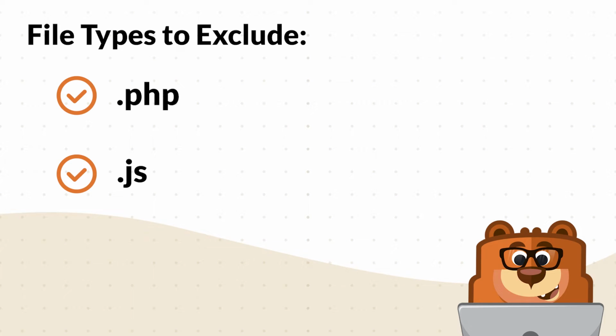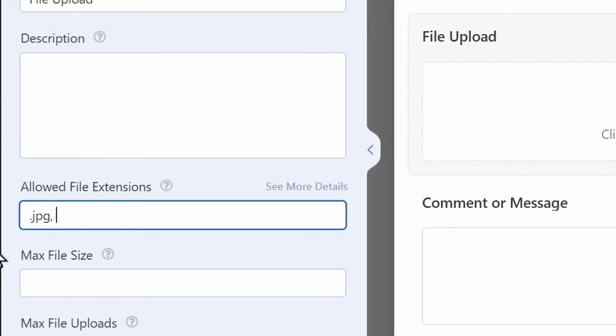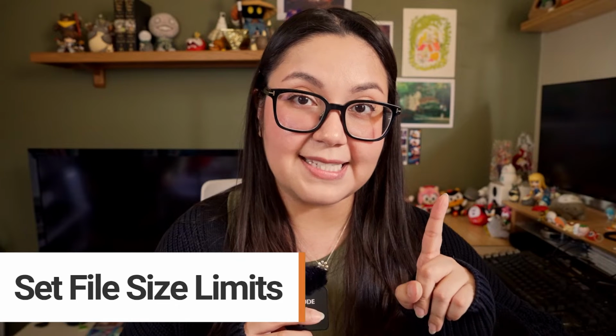Excluding file types like .php, .js, and especially .exe will help prevent malicious files from wreaking havoc on your site and especially your computer if you open the files locally. If you're using WPForms, for example, you can specify what file types you'll allow to be uploaded through your contact form.